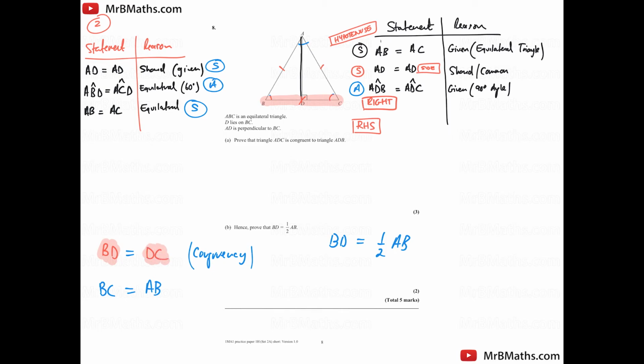Now, if those two equal each other, that must mean that the entire length of BC, here, is equal to AB, okay, which is here. And if that is true, that would mean that BD here is 1/2, so half of the length of AB.